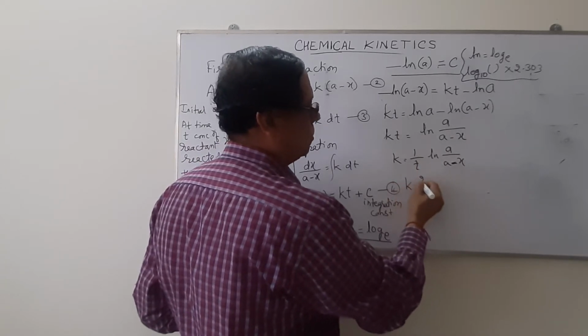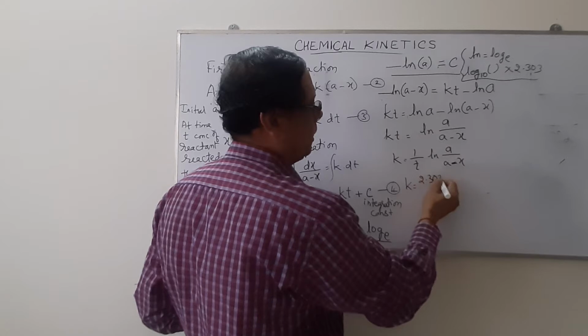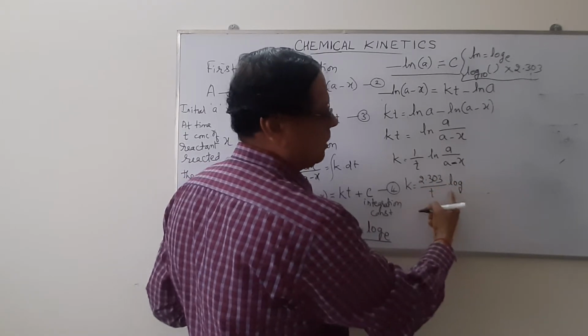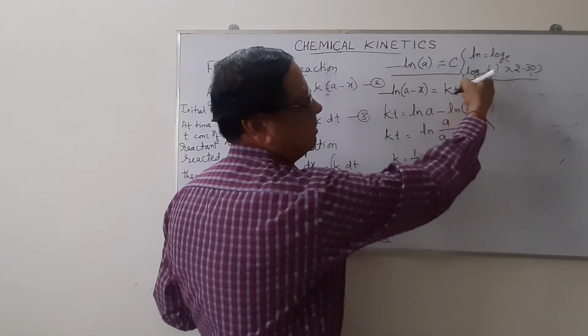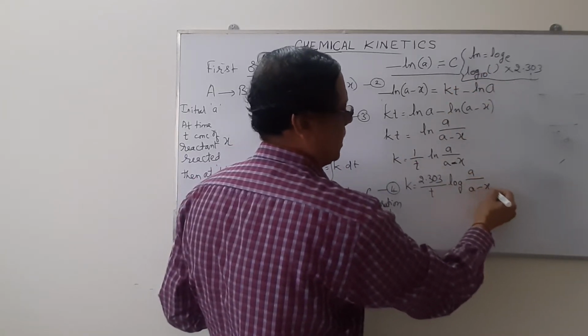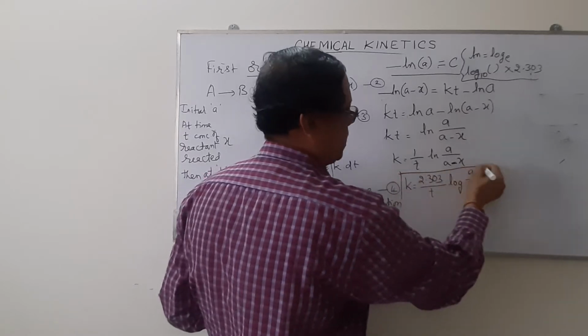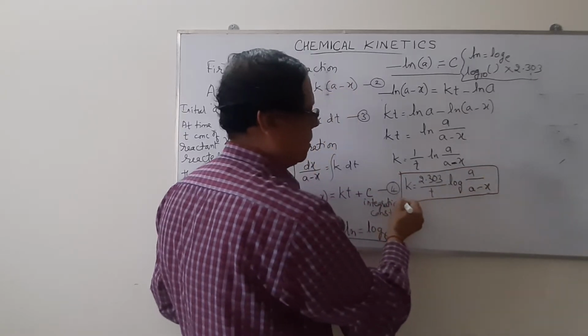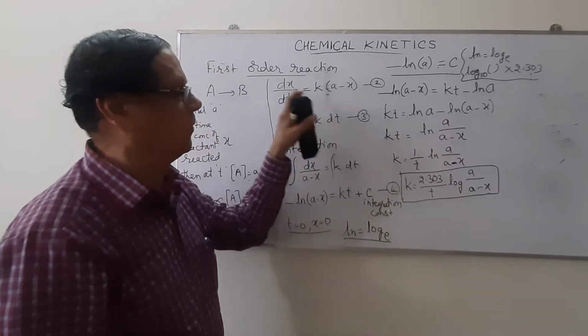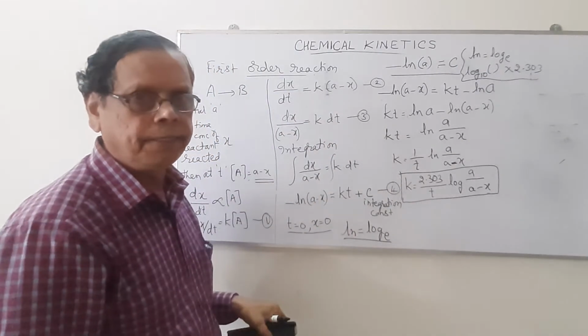Therefore k is equal to 2.303 divided by t log A by A minus X. When we write only simple log, it is nothing but logarithm to the base 10. This is the expression that we call the velocity constant expression for the first order reaction.